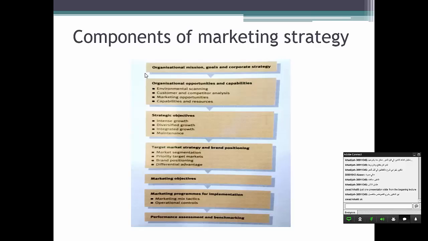And also during the execution, you need to do what we call performance assessment and benchmarking. Performance assessment means you need to control and assess your execution and your activities, and you can also use benchmarking.